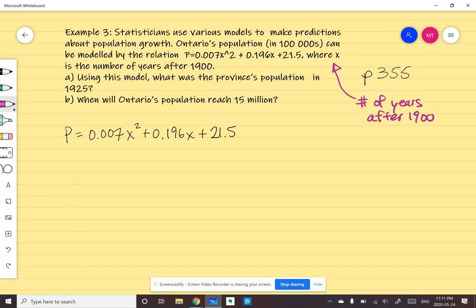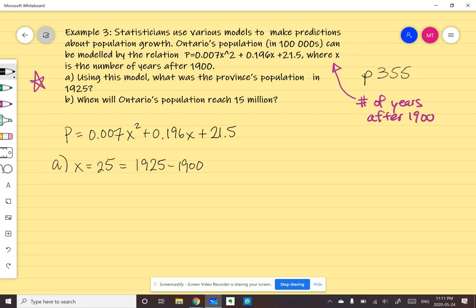In this first question, part A, we're going to be using x is 25, and we got that by doing 1925 minus 1900. So we know that 25 years have passed.